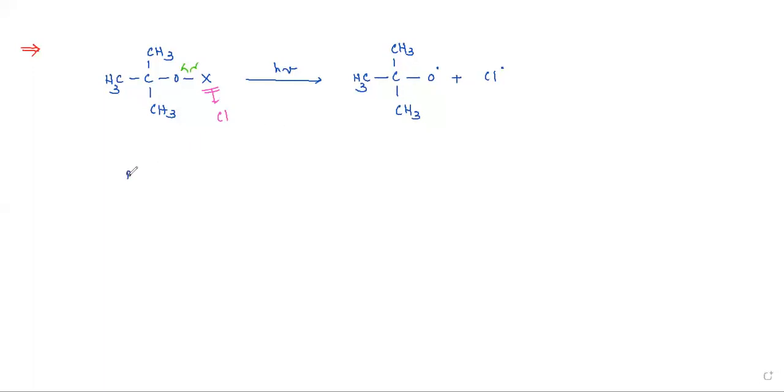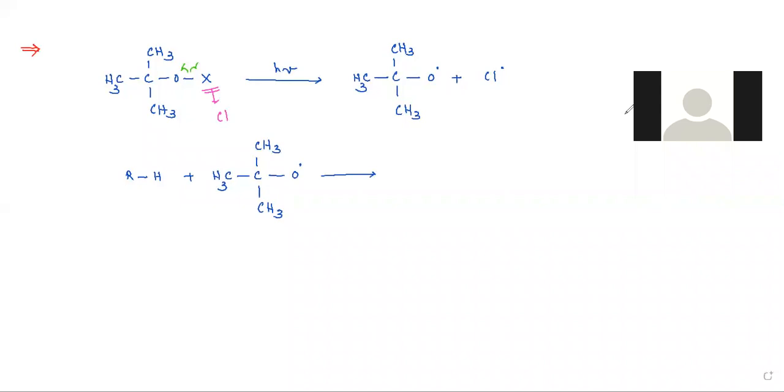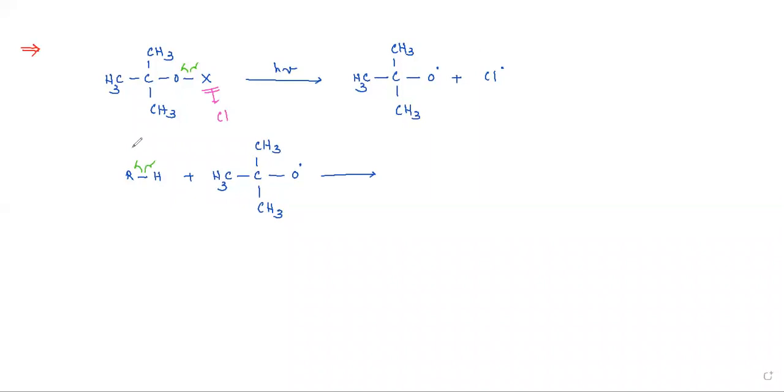Now, this free radical with alkane forms, okay. Now we get two free radicals this way.